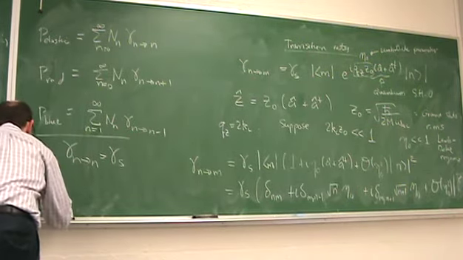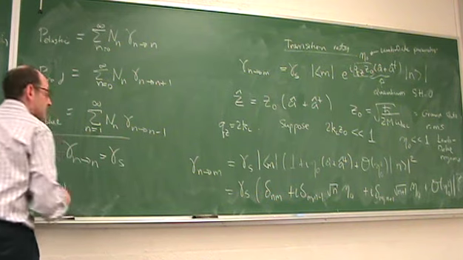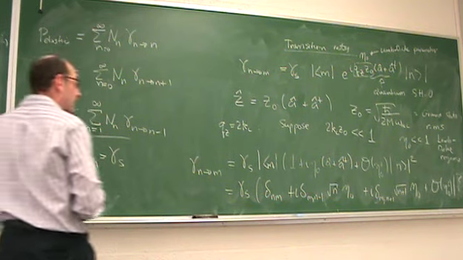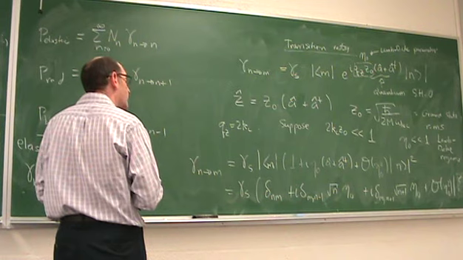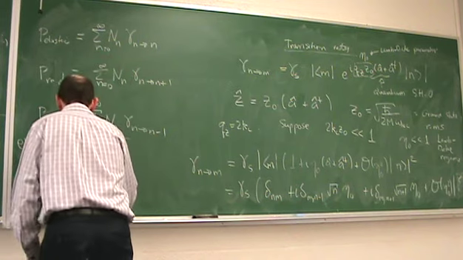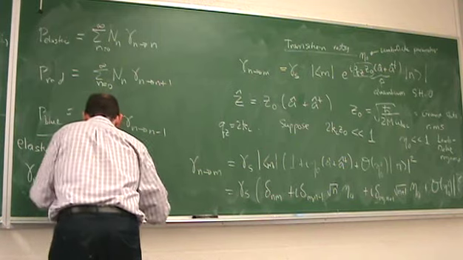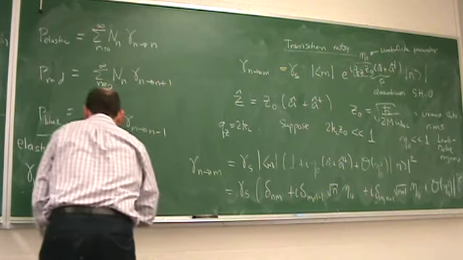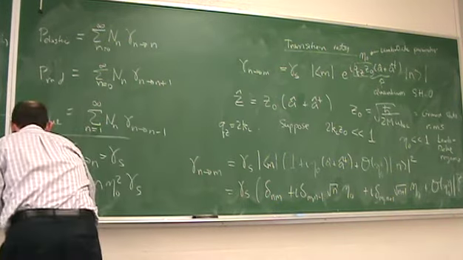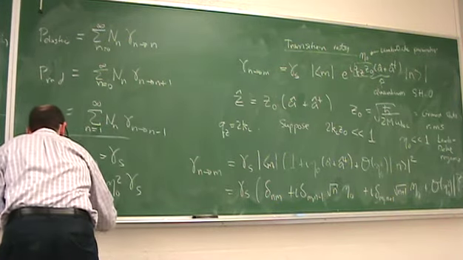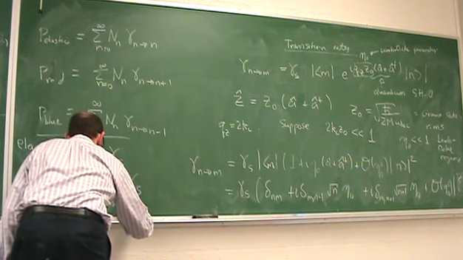So the scattering from n to n minus 1, the case that gives me a bluer scattered photon than I started with, is equal to n eta naught squared times the scattering rate. And the one going up by 1 is n plus 1 eta naught squared.